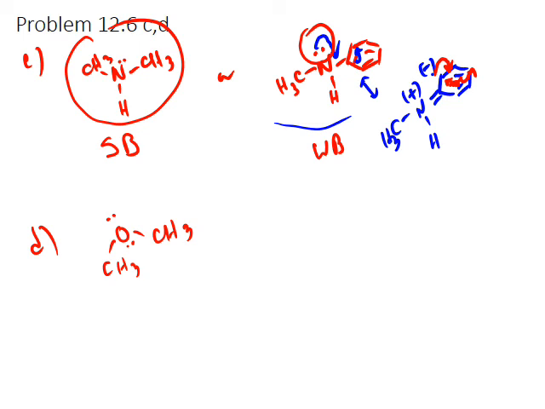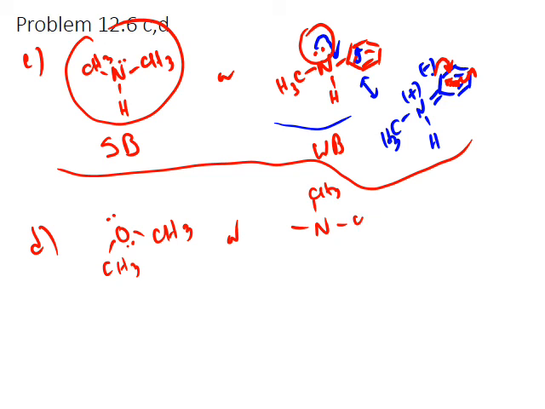So you need to compare that with the second compound, which has nitrogen and CH3, CH3, CH3. So there will be 3 such CH3, and a pair of electrons. So the question is, in which case is the electron pair more available? In the case of the left-hand side compound or the right-hand side compound?